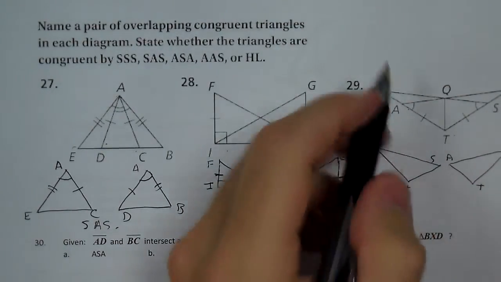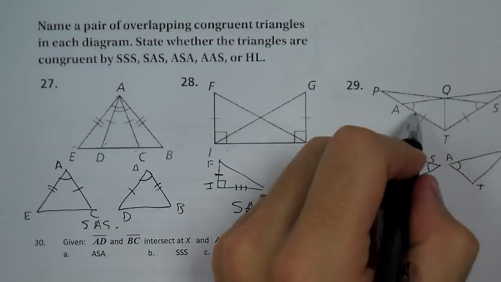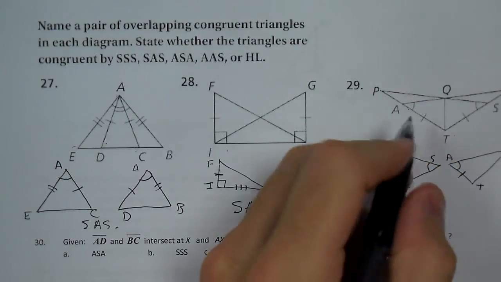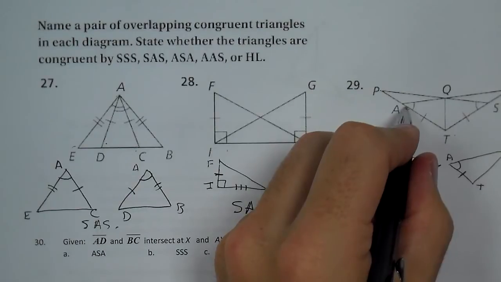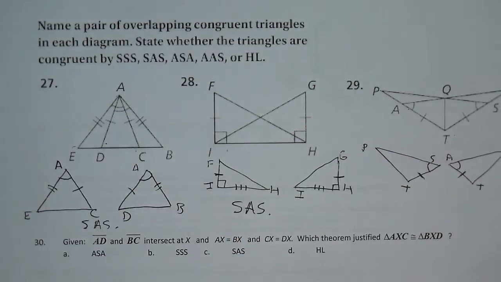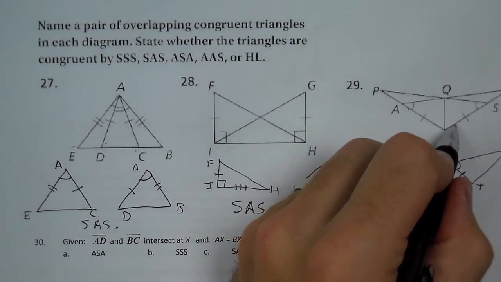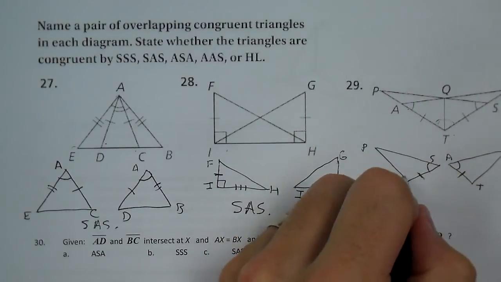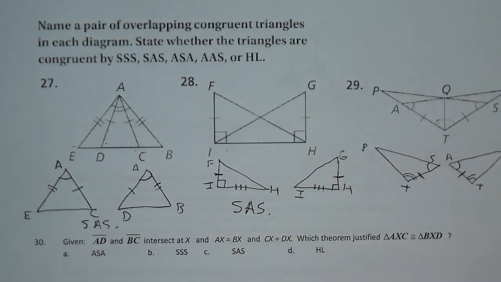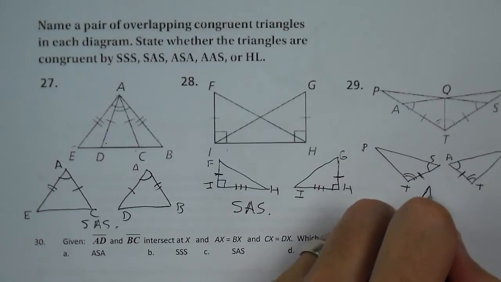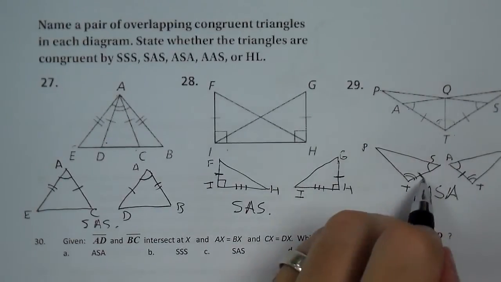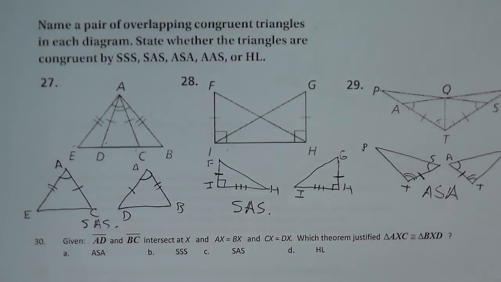So we got angle A, angle S, looks like AT and ST. And then the reflexive property here would actually be angle T. That's congruent in both. So in this case, our triangles are going to be congruent by angle-side-angle. I have a side in between two sets of angles.